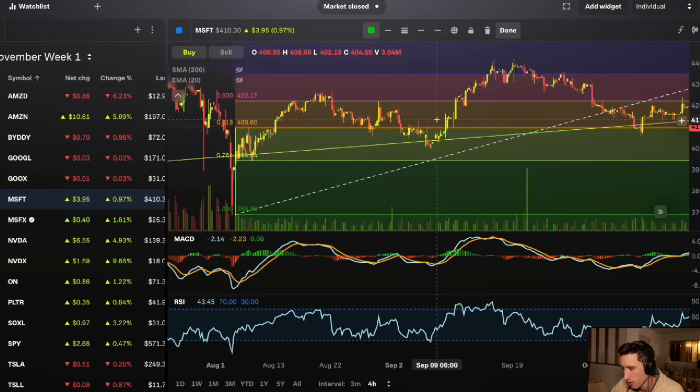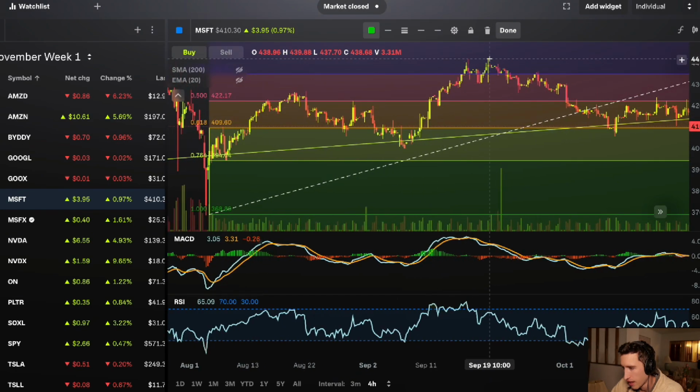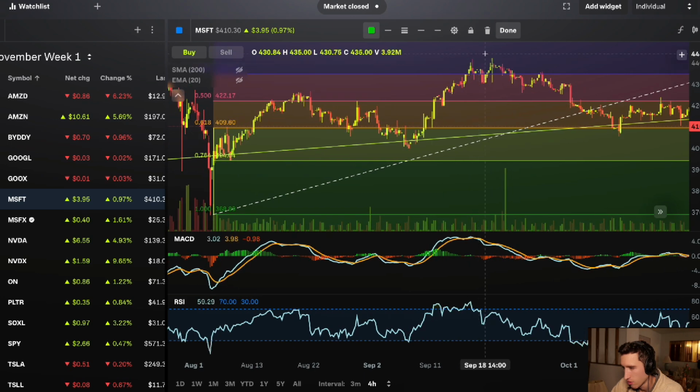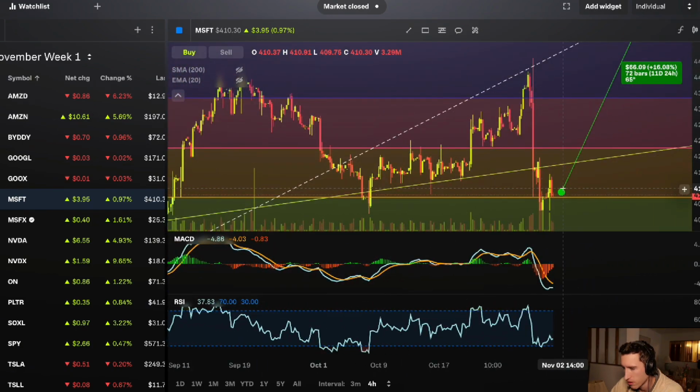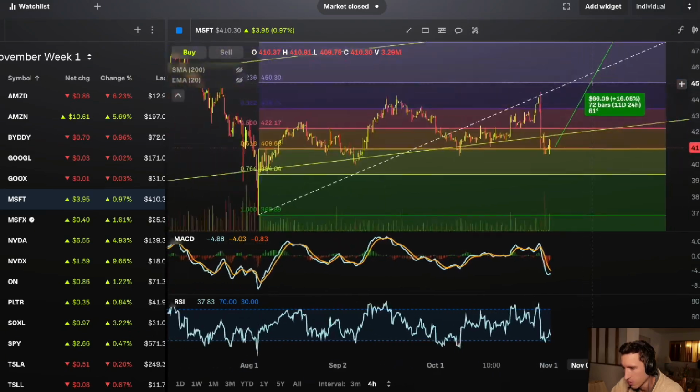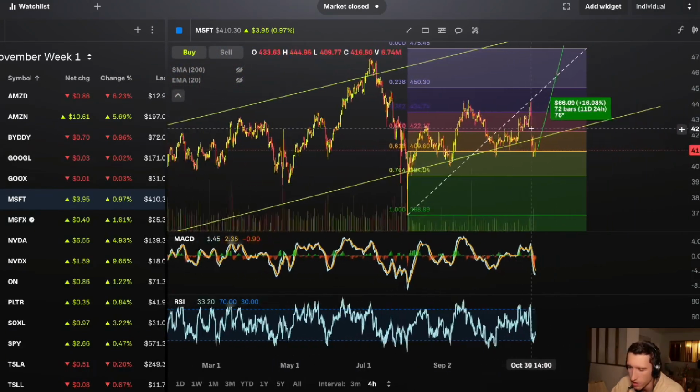As it re-entered the golden ratio, could have been a buy and sell there, which was quite a hefty return, which if you would have bought after confirmation and sold conservatively, we're looking at 5% here on Microsoft or 10% over on MSFX. So right now we're at the bottom of this ratio, and we have this potential to buy. So that's how you use the Fibonacci.